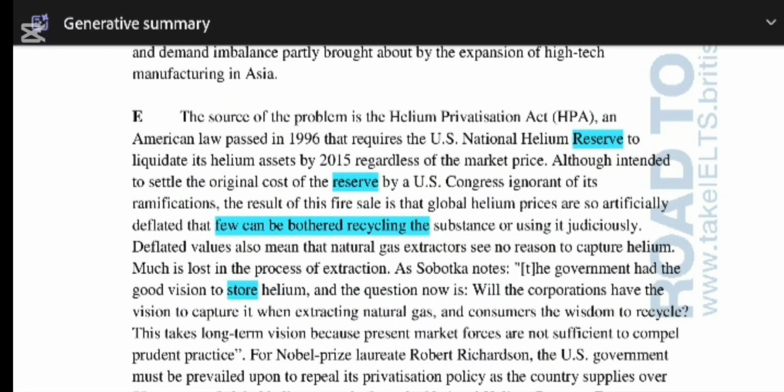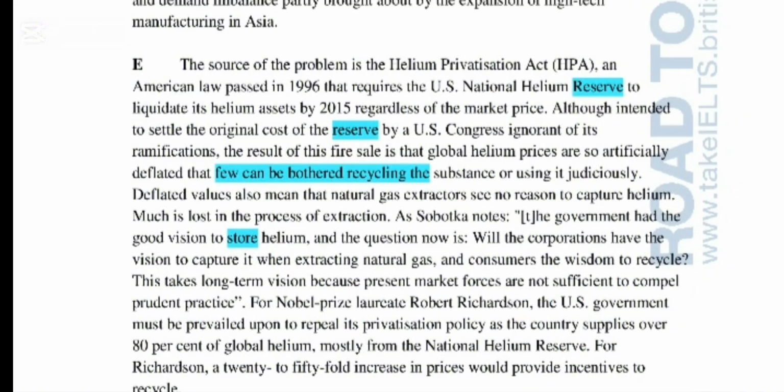So we have: as Sabokta notes, the government had the good vision to store helium. And the question now is, will the corporations have the vision to capture it when they extract natural gas and consumers the wisdom to recycle? This takes long-term vision because present market forces are not sufficient to compel prudent practice.